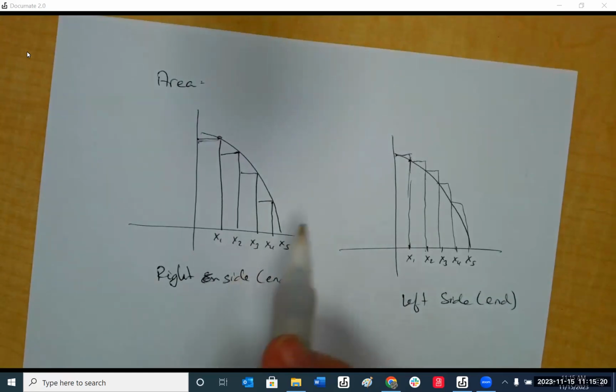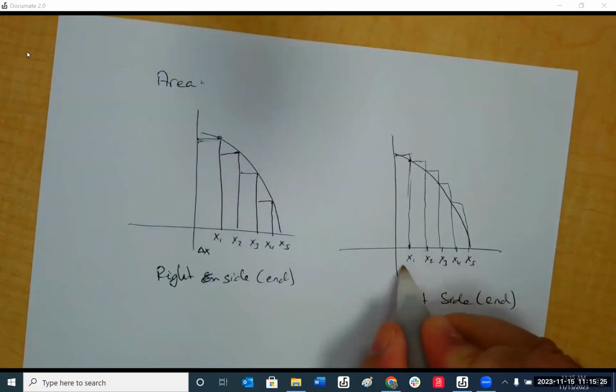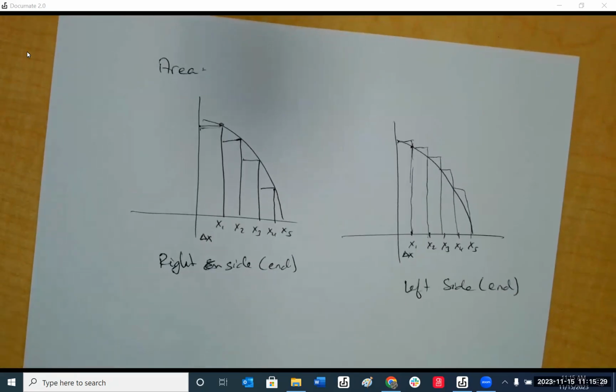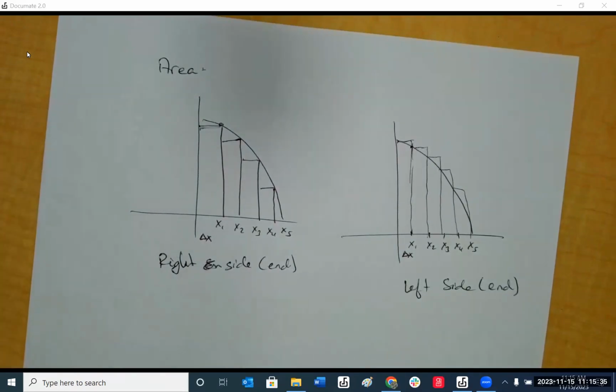So no matter how wide we make our rectangles, or delta x, the inscribed areas will always be less than, eventually you'll get to equal to, the right side.